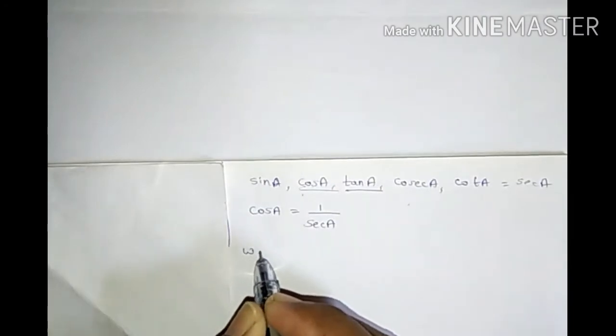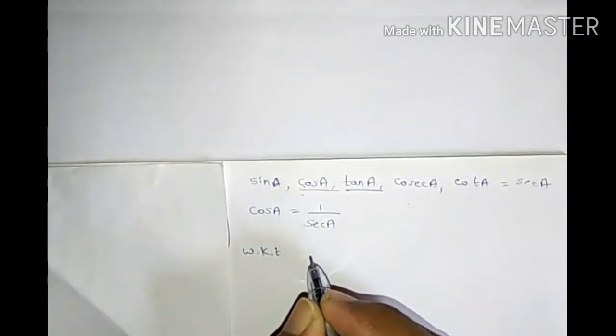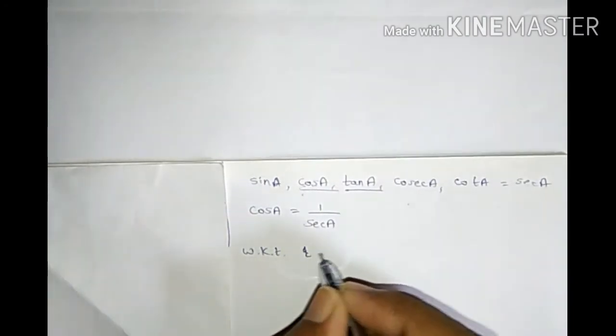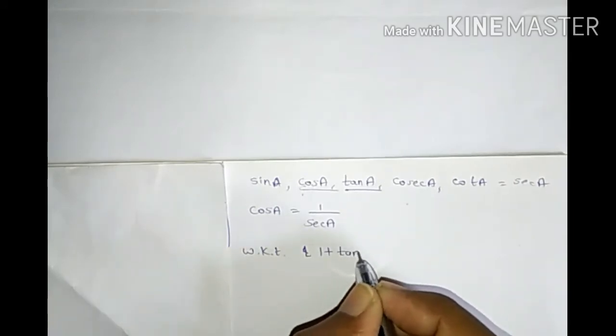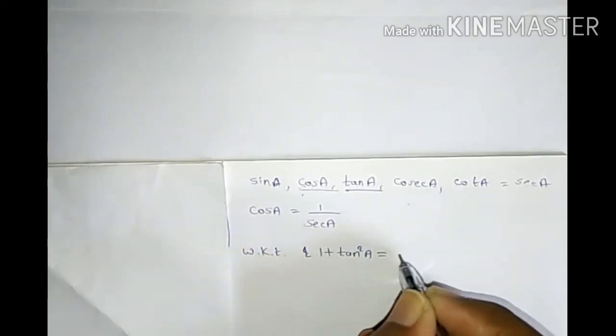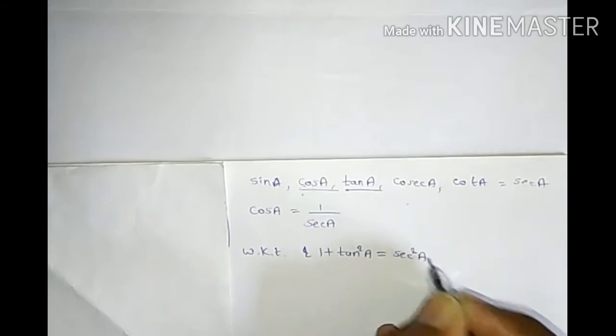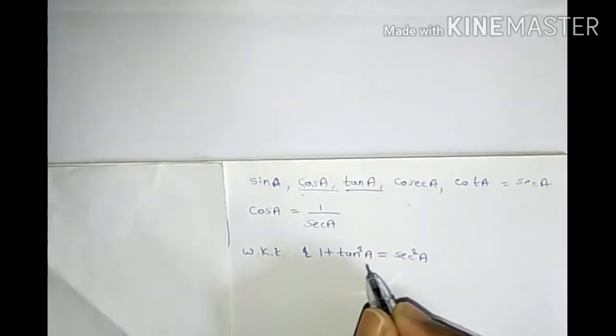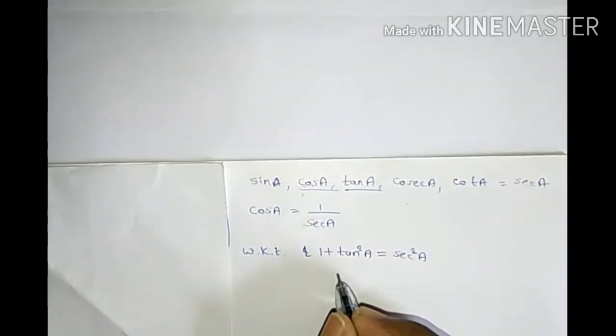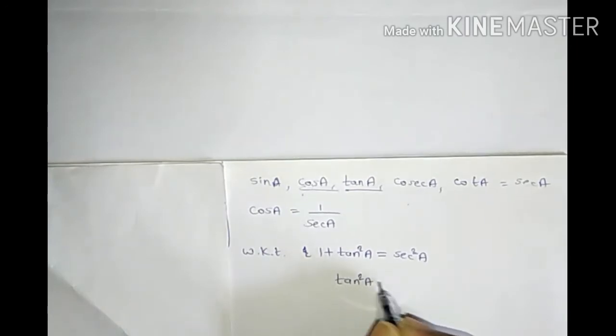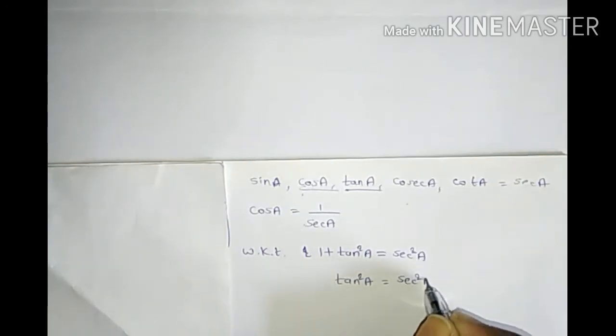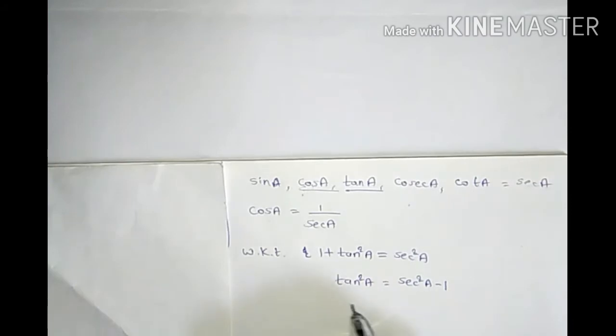Next we will take tan A. We use the identity, that is 1 plus tan square A equal to sec square A. In this we will take 1 to the right side, that will become tan square A equal to sec square A minus 1.